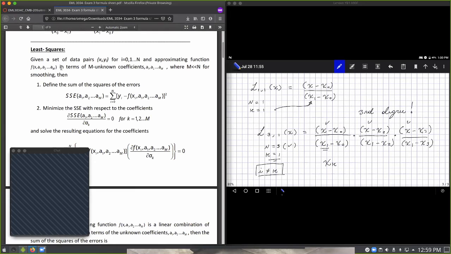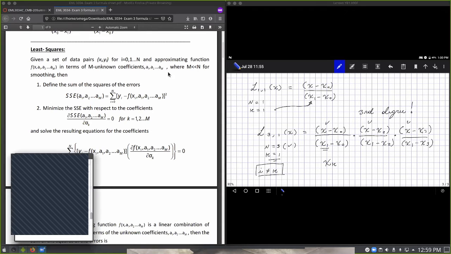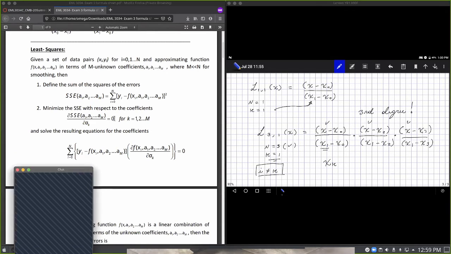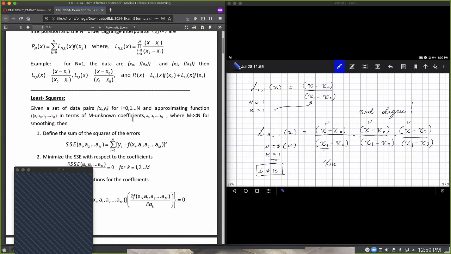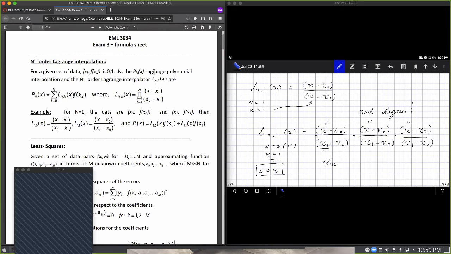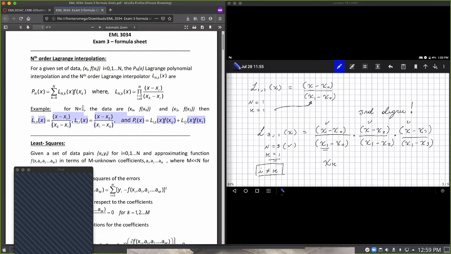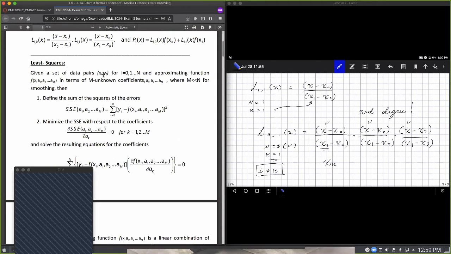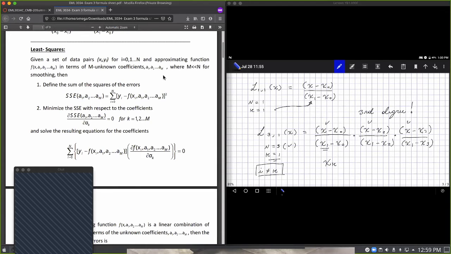So least squares, given a set of data pairs, and so on. All these equations you will use, I think particularly this one. I don't remember using this one, but it's good that you understand it regardless. But I think this is what we're using only. Define the sum of the square of the errors. I think you were given the data pairs and the approximation of the function, but you were not given the coefficients.